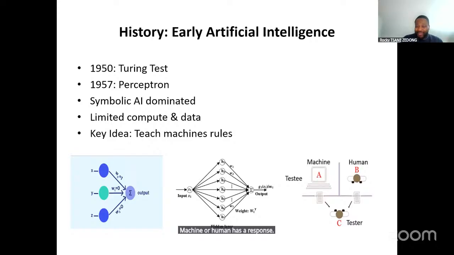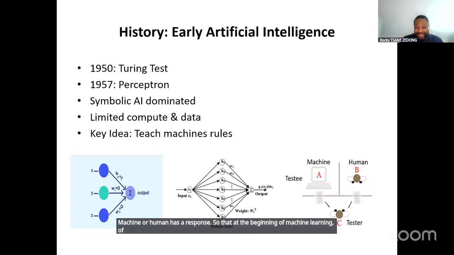So that's the beginning of machine learning and all these concepts.